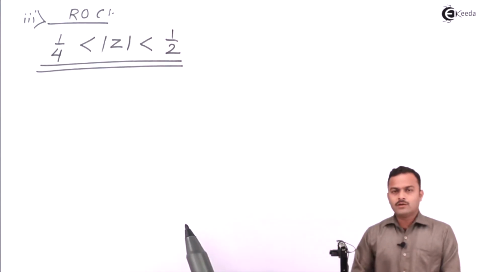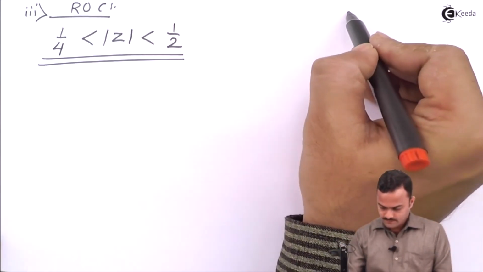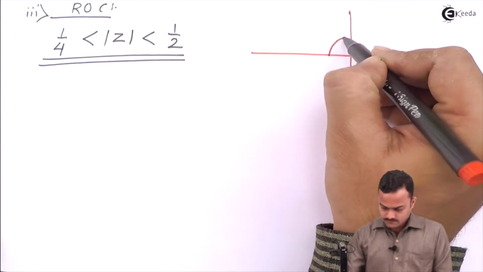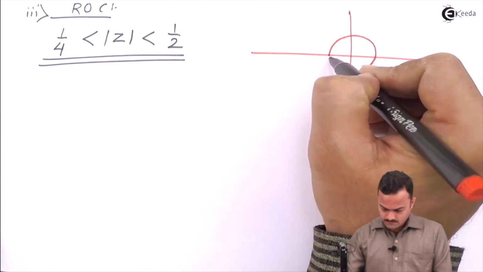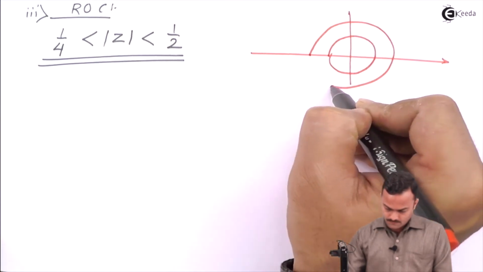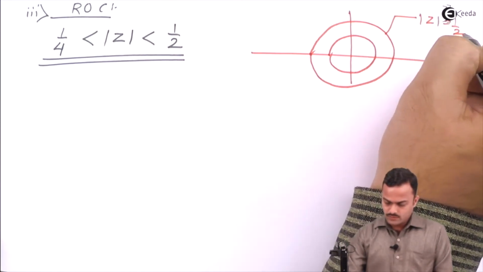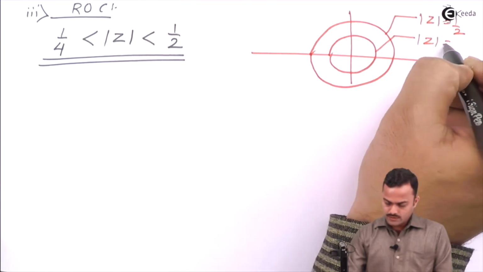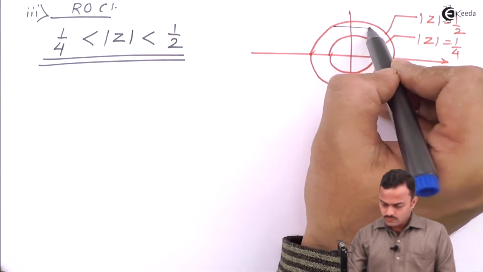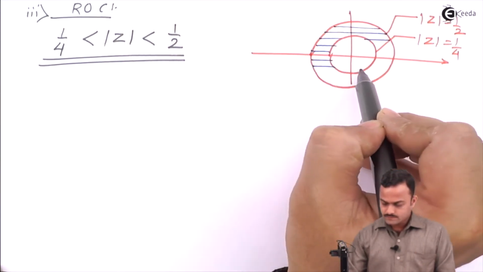It's an annular ring like structure between two circles like this. Mod Z equal to 1 by 2, here mod Z equal to 1 by 4. In between the two circles, we will have the ROC.